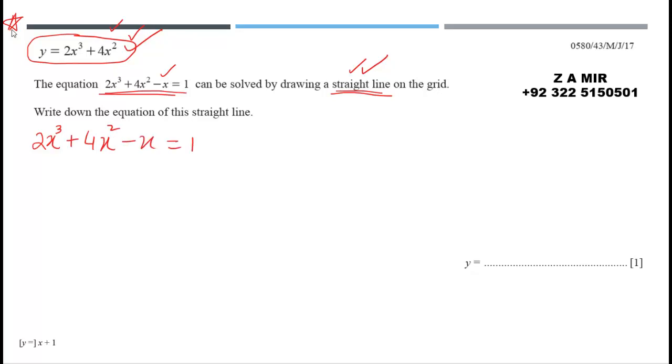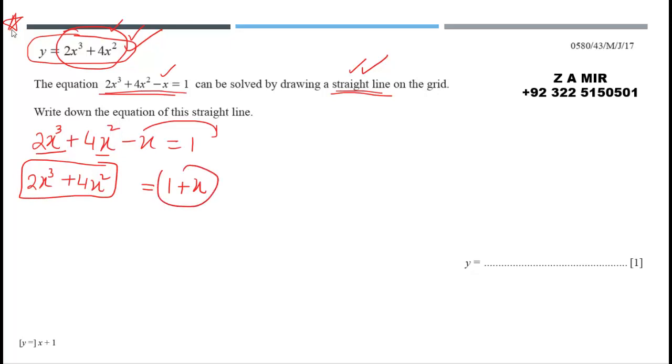So here just compare, one side should look like this. We have already 2x cubed in this, and 4x, we have already 4x. So we will keep these two terms here and bring this over here. So it will become 1 plus x. Okay, so it means we have already drawn the graph of this.